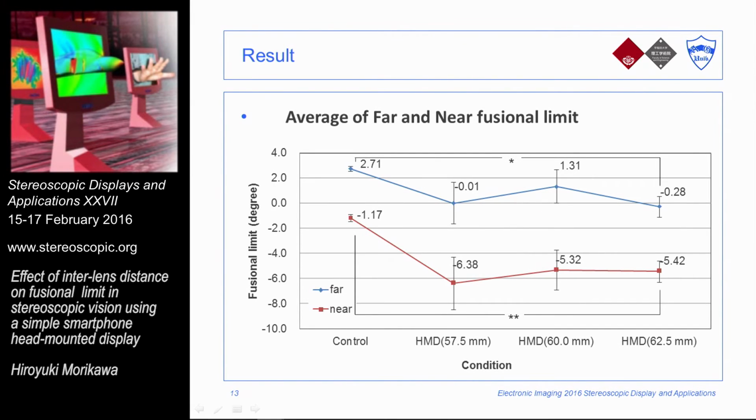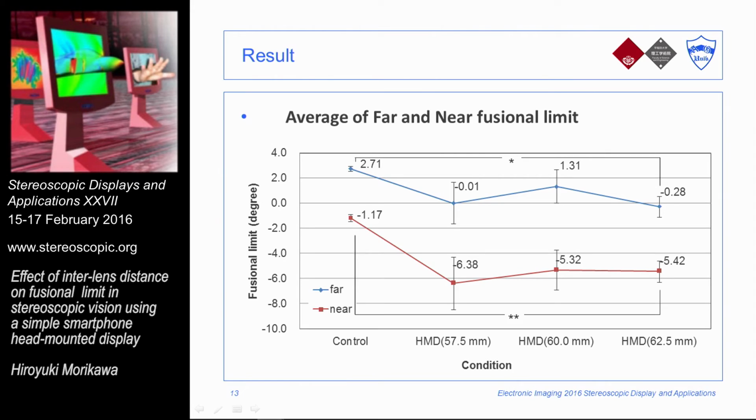I'd like to show the results. This figure shows the average of both fusional limits as a disparity angle regarding the control condition and three HMD conditions. A negative value means the parallax of the near direction, and a positive value means the parallax of the far direction.